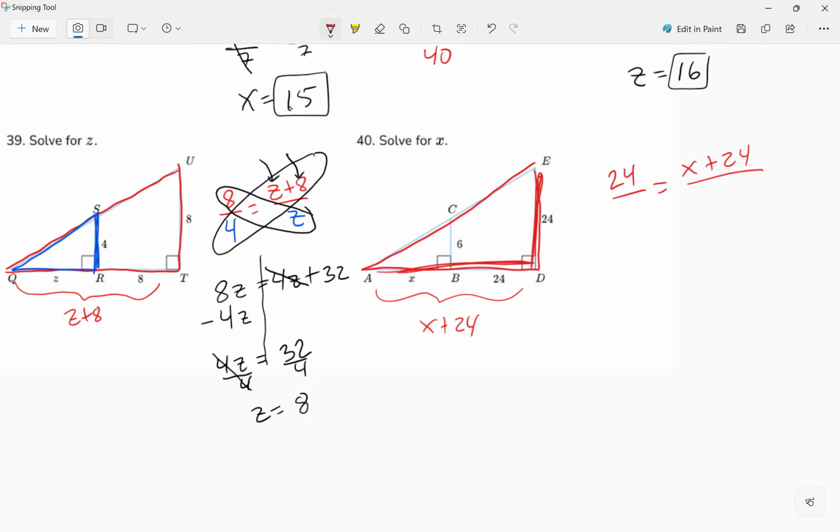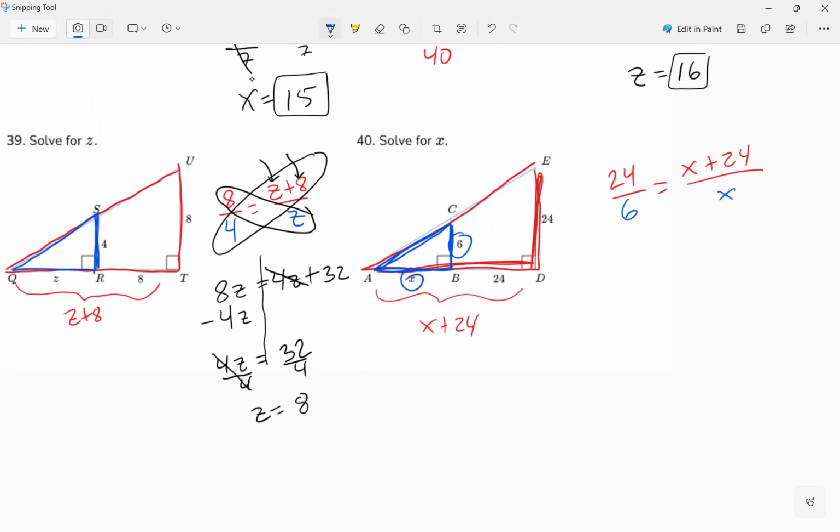If I knew what x was, obviously just combine the numbers, but x plus 24. From my blue triangle, the little triangle that I have here at the corner, 24 is corresponding with 6, and then x plus 24 is corresponding with x. Right? I'm using the values 6 and x.